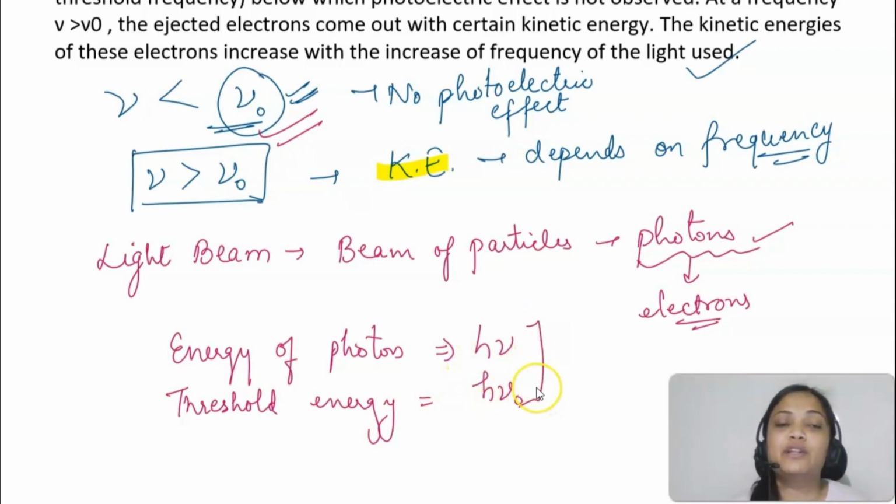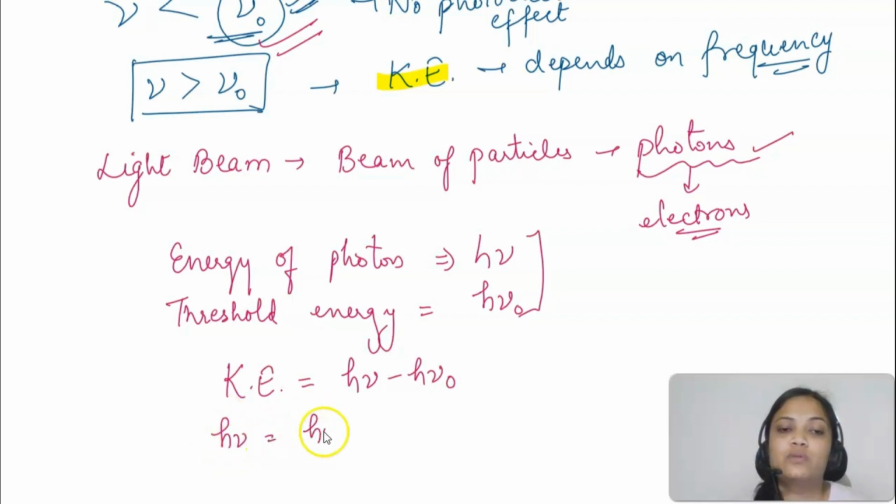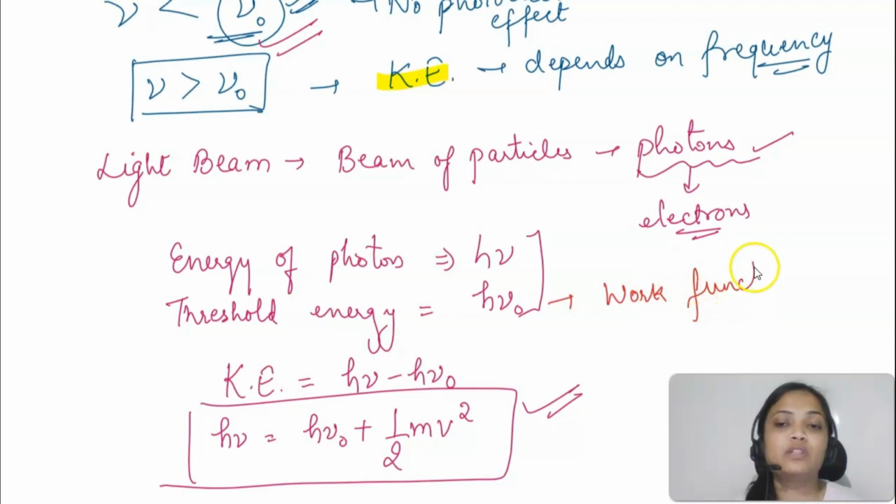The energy that is left will be the kinetic energy with which the electrons are ejected. So h nu minus h nu naught, or you can say h nu is equal to h nu naught plus kinetic energy, which is half m v square. You know kinetic energy. So this is the relation for the ejection of electrons. This is also known as the work function, meaning how much minimum energy is required to eject the electrons.